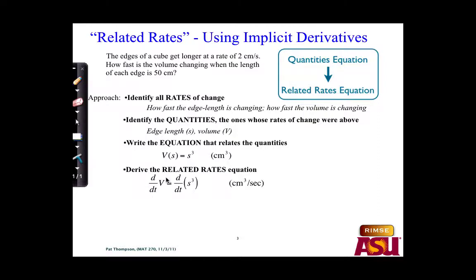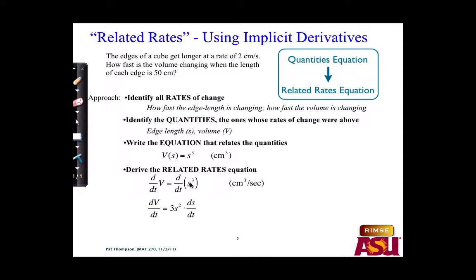The left-hand side I can't really do anything with. V, I don't have anything. I'm just going to write it as dV/dt, kind of like writing f prime of x. I can write dV/dt or even just leave it like this. But on the right-hand side, to find the derivative of s cubed with respect to t, I don't know what t is. So think of it as s of t to the third power, or a whole formula.